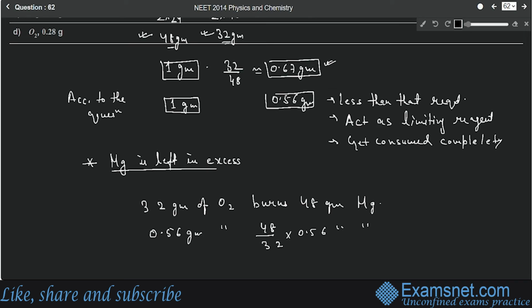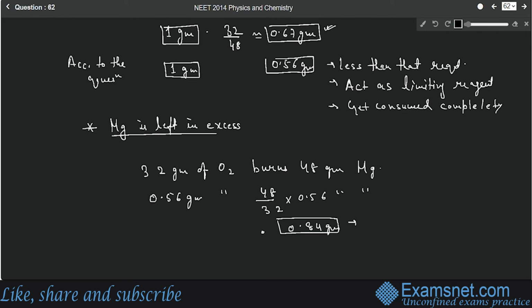So on solving this, we'll get 0.84 grams. So this much magnesium will be burnt. So how much is left? Magnesium left is 1 gram minus 0.84 grams. So on solving this, we'll get 0.16 grams. So 0.16 grams of magnesium will be left in excess.